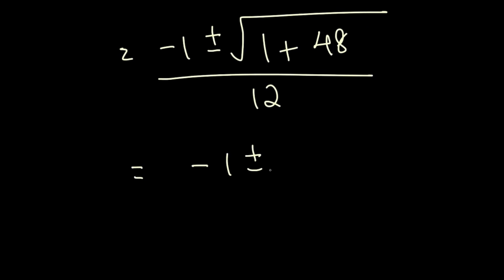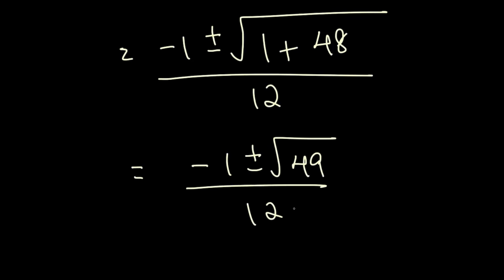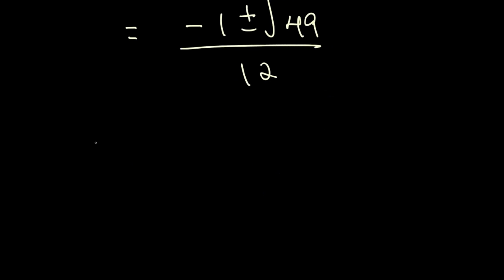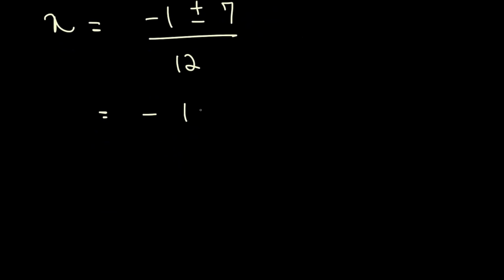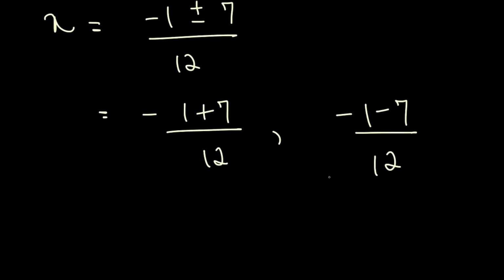So minus 1 plus or minus the square root of 49 over 12 gives us x equals minus 1 plus or minus 7 over 12, which gives us two possible values of x: minus 1 plus 7 over 12 and minus 1 minus 7 over 12.